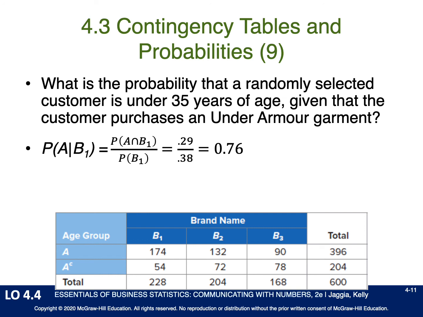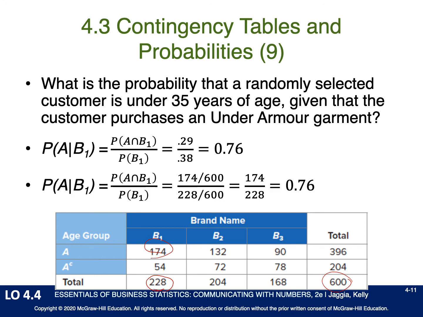We've already calculated that on a separate video. So 174 divided by 600 gives us 0.29 divided by the probability of B, which is 228 divided by 600. So we get 76%.